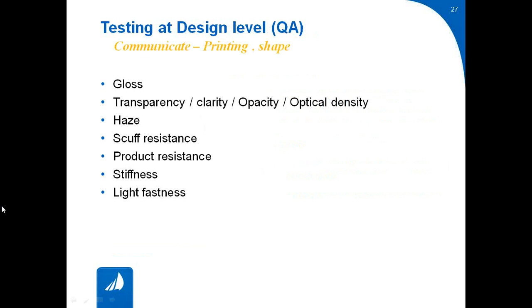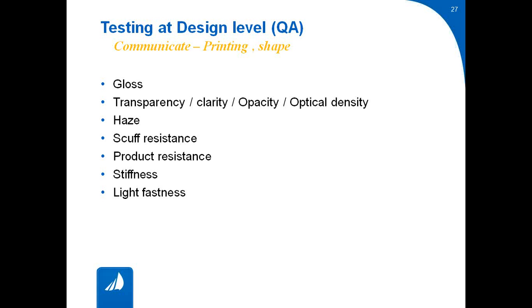Testing at design level. Next is communication, printing, shape. Now, a good looking product. You need to test the gloss, how glittery it is, transparency, clarity, opacity, optical density. These are the technical terms that are used to declare how transparent a material is, which will be very important in a particular case.